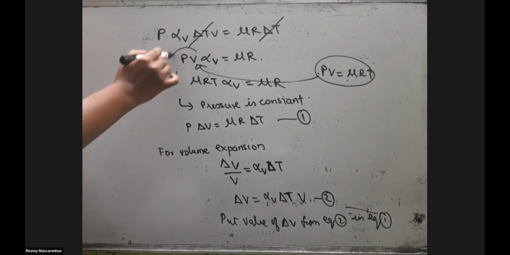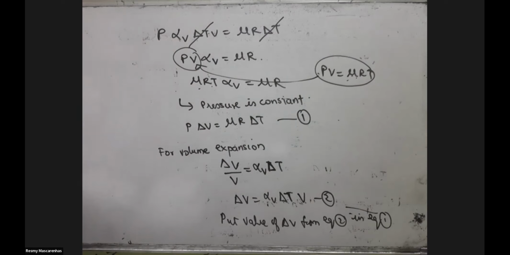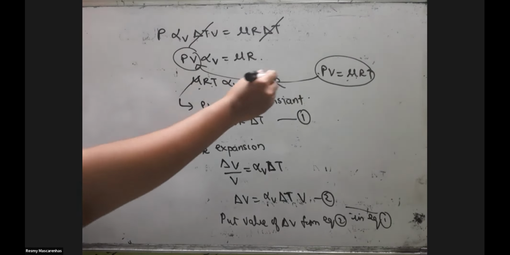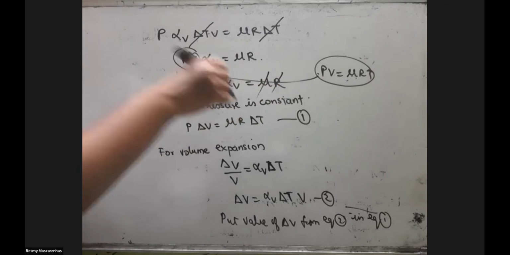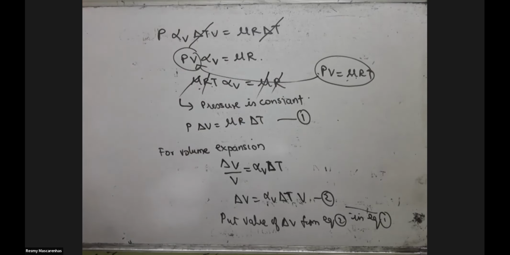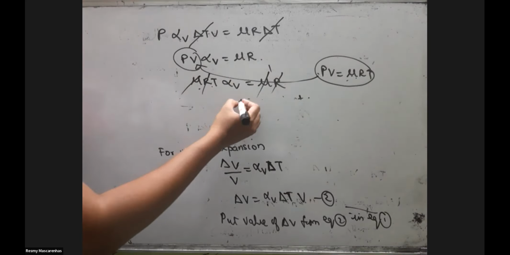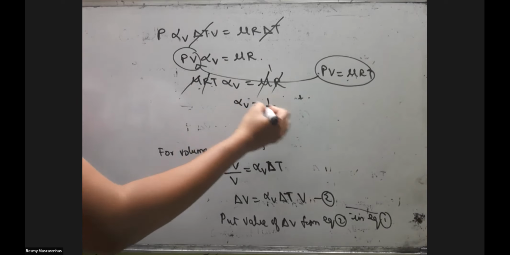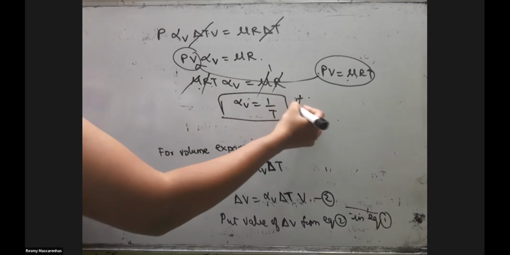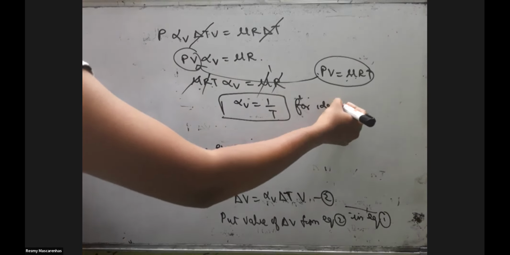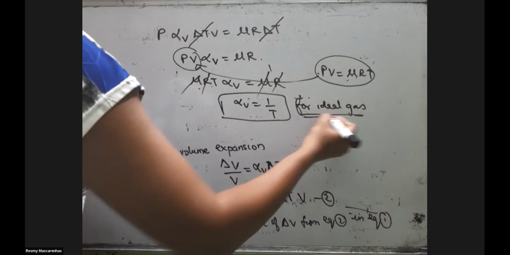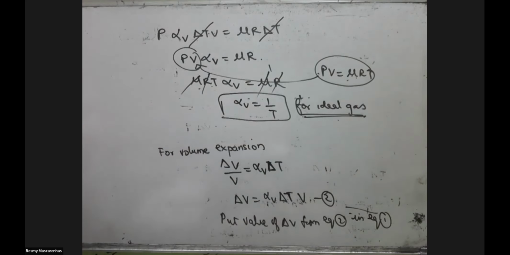Then mu R will cancel, so this is 1. So alpha V is 1 by T for an ideal gas. It is dependent on the temperature.